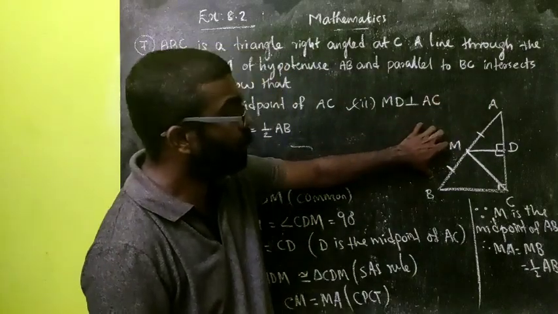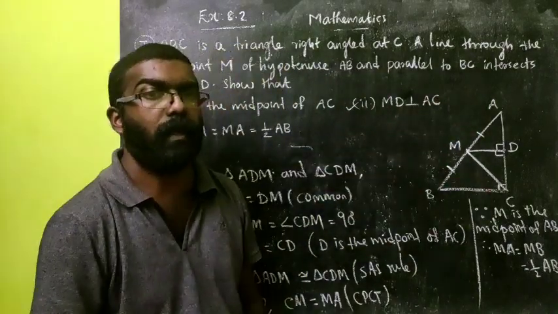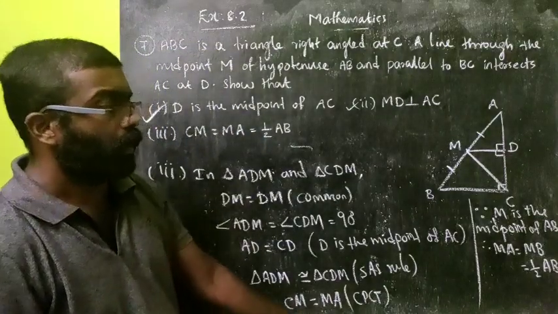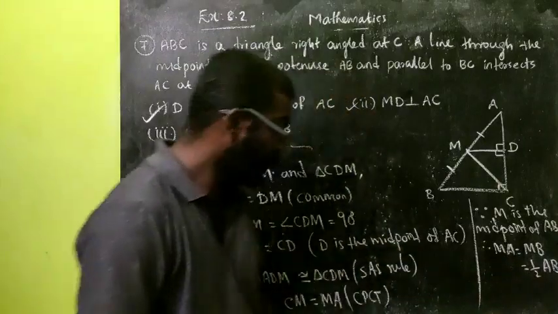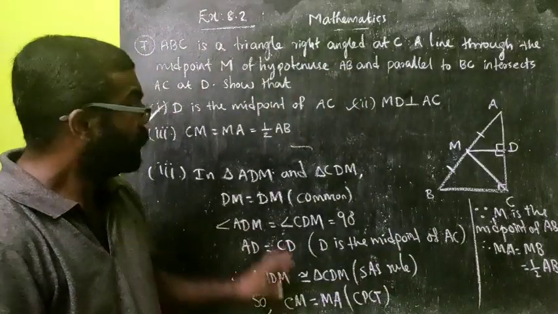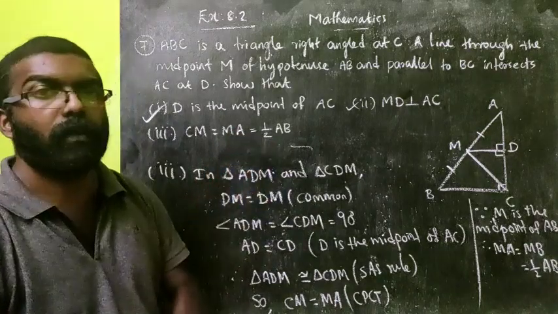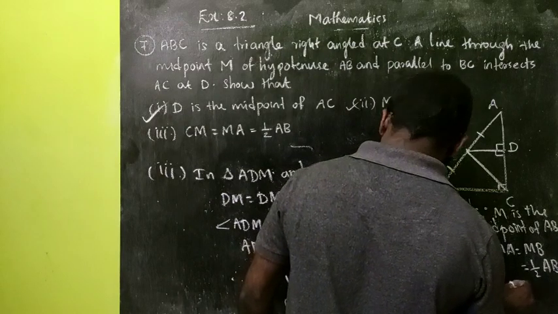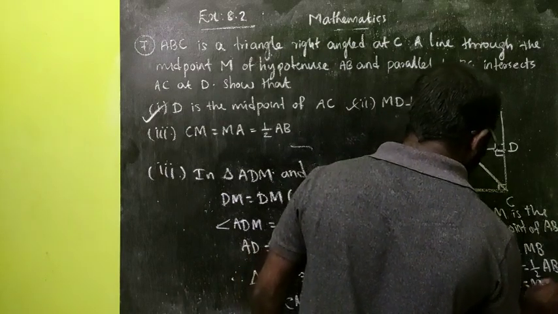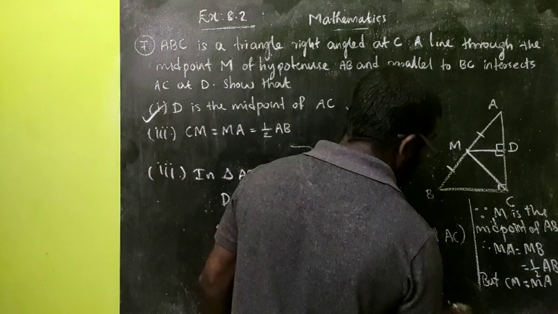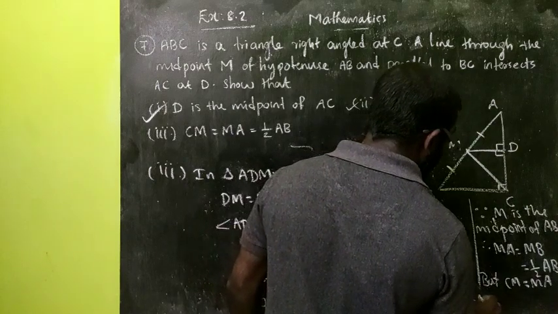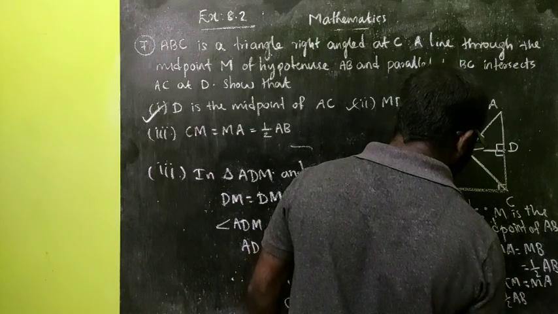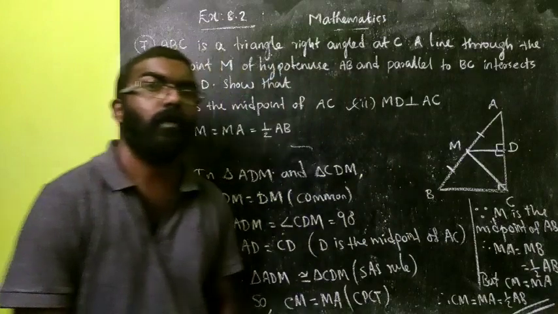And we have proved that CM is equal to MA and MA equal to half AB. Combining these two, what we can write? CM is equal to MA is equal to half AB. Hence the proof. Okay.